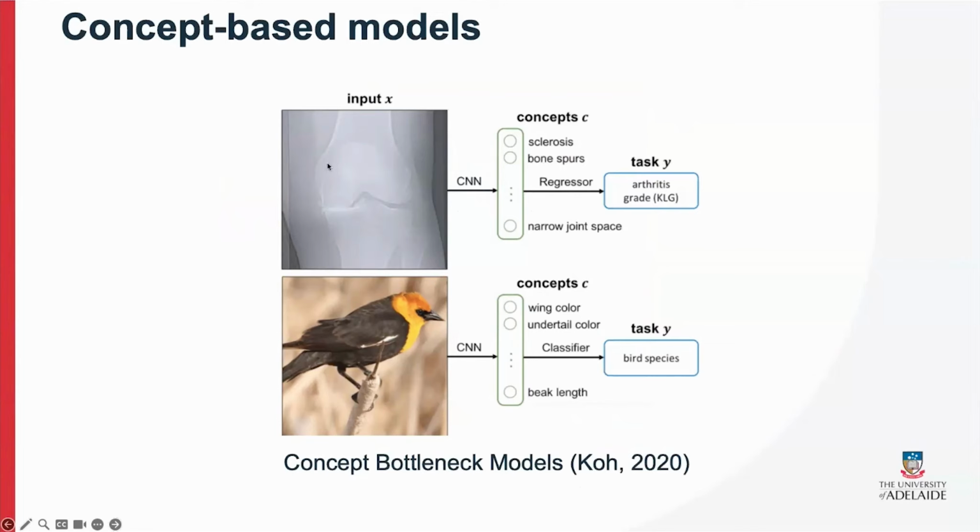As we can see on the top, given an X-ray of a knee, the model will first predict those relevant concepts, including sclerosis, bone spur, or narrow joint space, and then use those concept scores to predict the arthritis grade. Similarly for this bird, the model will first predict the wing color, the tail color, the beak length, and so on to predict the species from these concepts.